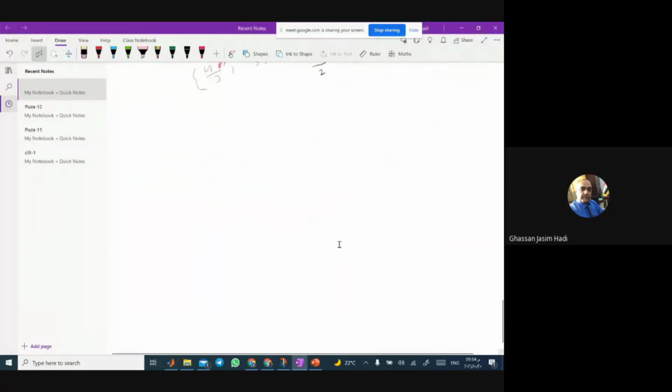Let's see here. How to write a function in MATLAB.